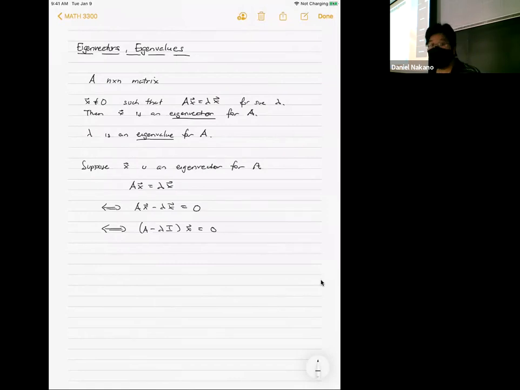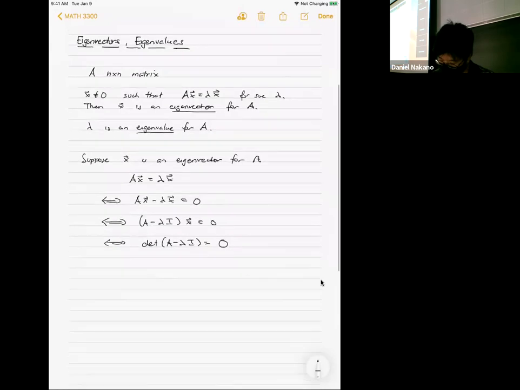Since x is not equal to 0, A minus lambda I has a non-trivial solution, so the determinant of A minus lambda I must be 0. To find eigenvalues, we just want to know when the determinant is going to be 0.